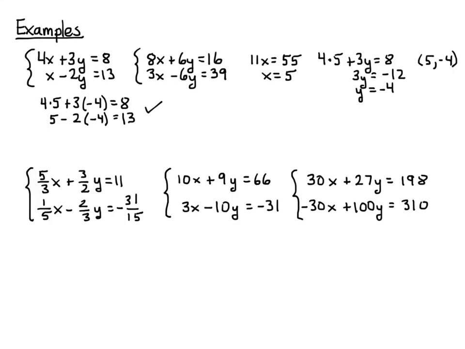Okay, so I have these two equations, and I'm going to add them together, and so I'll get 127y equals 508, and then y equals 508 divided by 127, and I get 4.